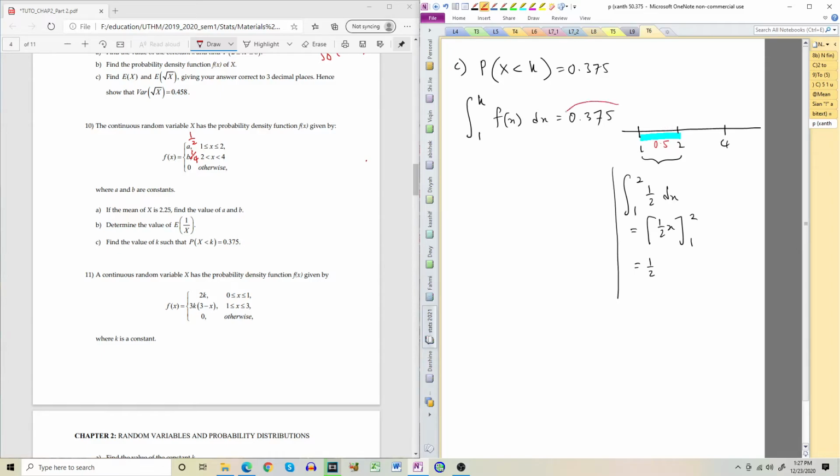If, let's say, this were 0.75, which is more than 0.5, it would go into the next interval. But the question says it is 0.375, which is less than 0.5, so k must be somewhere here.